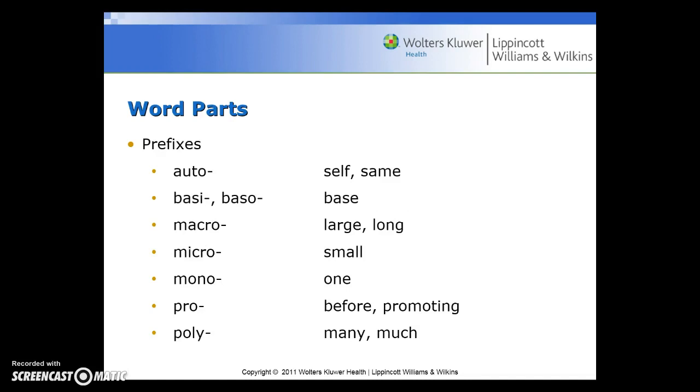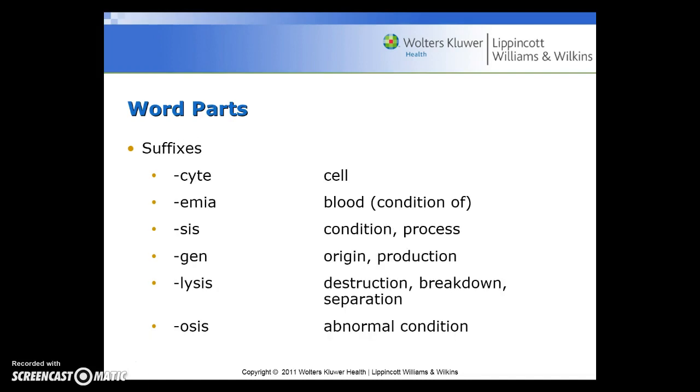Some prefixes you're going to see when referring to blood and immunity are auto for self or same, basi or baso for base, macro for large or long, micro for small, mono for one, pro for before or promoting, poly for many or much.